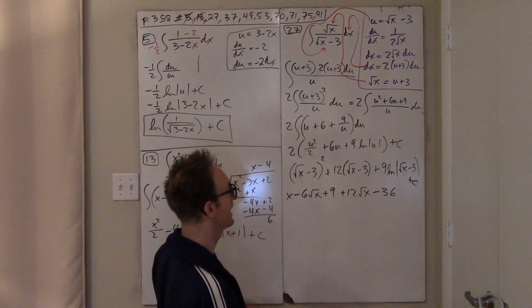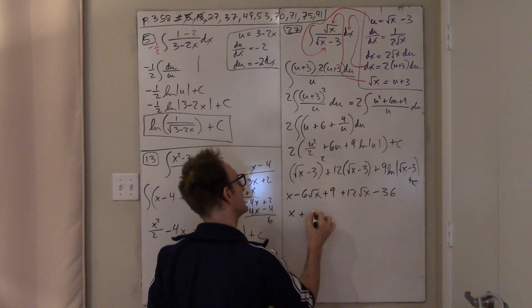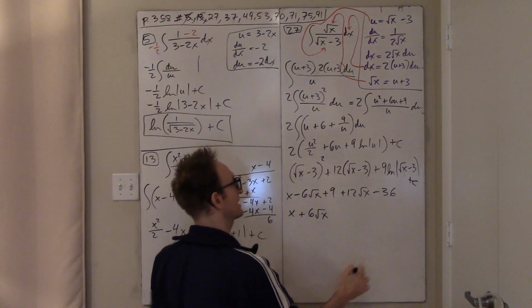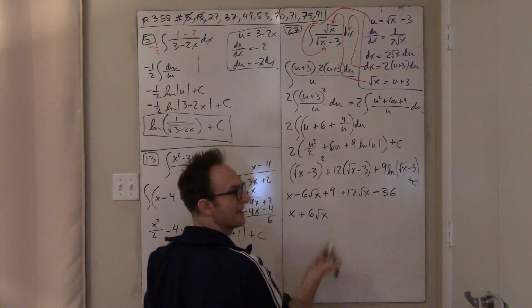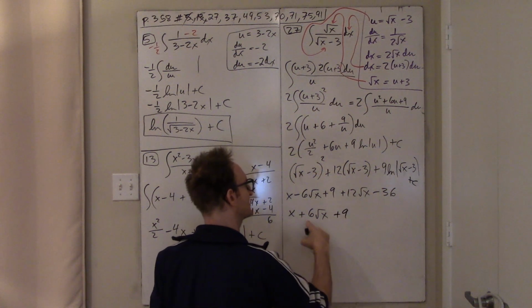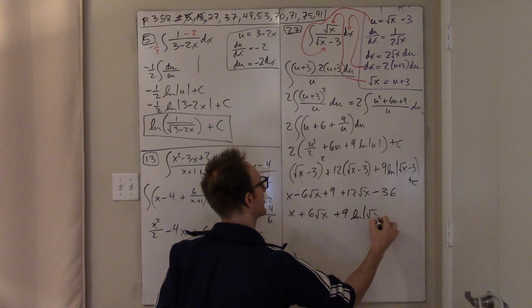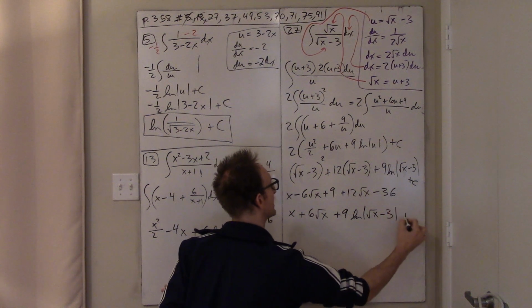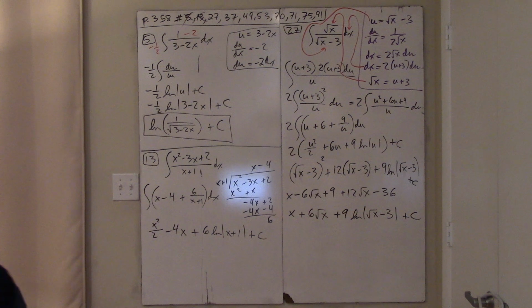Then I can combine like terms to get x plus 6 root x, and I can just throw away the 9 and the 36 because they're just constants and I don't care about constants. So my final answer is x plus 6 root x plus 9 ln absolute value root x minus 3 plus c. And that's what a computer will tell you the answer is, I suppose.